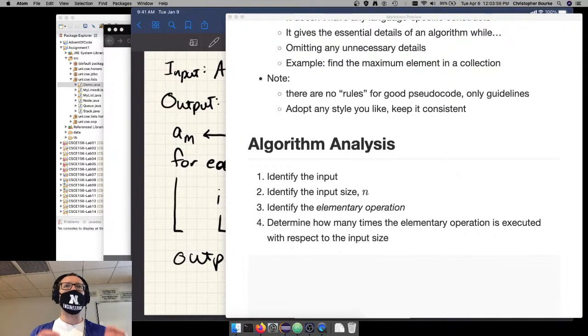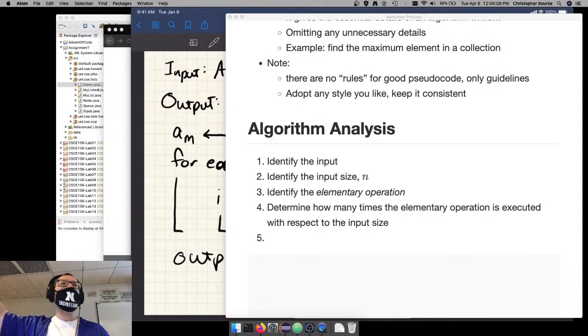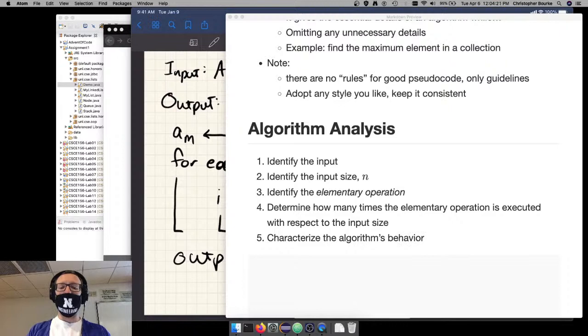In other words, this gives you a function. Like we did with the demonstration at the top, we came up with a quadratic function. We came up with a linear function. Once we've got those functions, then we throw out all the constants. We throw out all of the lower order terms. And in step 5, we characterize the algorithm's behavior, that is growth rate, using big O analysis.